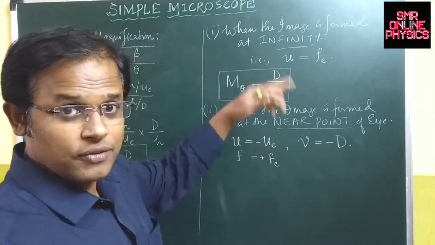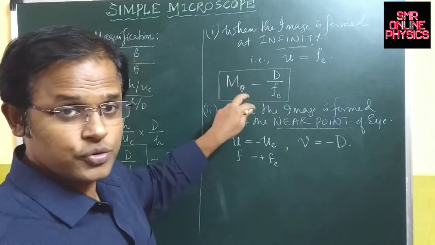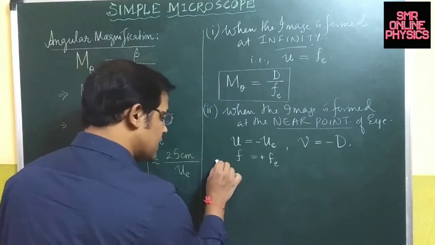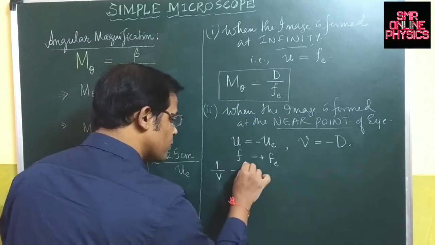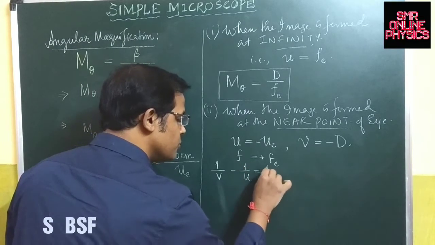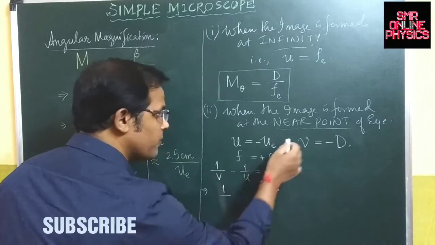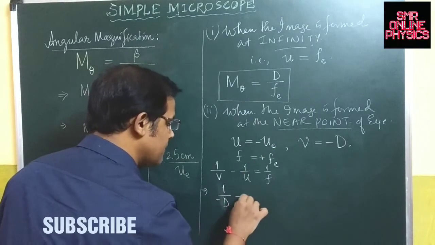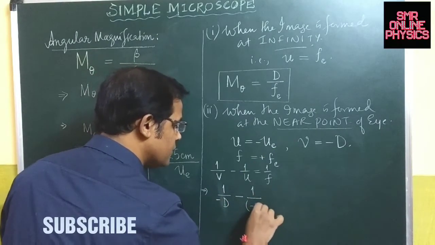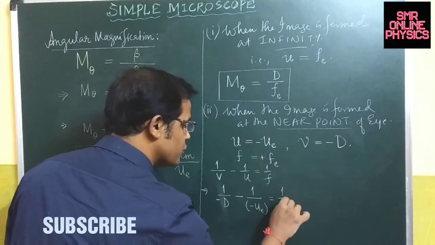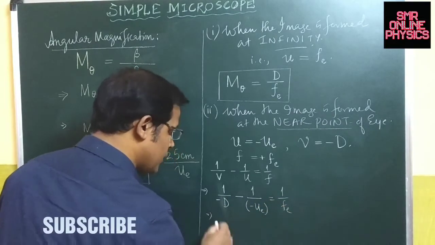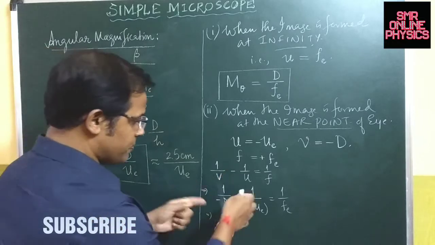Please go to the diagram which you have drawn, which I rubbed off, which was here, right? So apply the lens formula, 1 by v minus 1 by u is equal to 1 by f. Put in the numbers, 1 by v is minus d, minus ue, this is equal to 1 by fe. What do you get here? Minus 1 by d, this is plus.